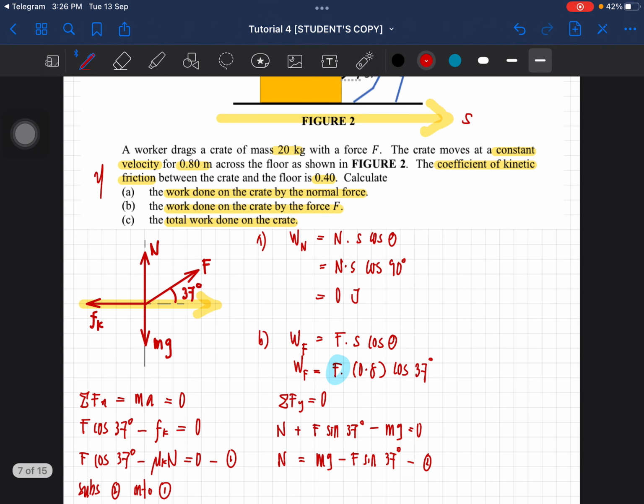Now we have to calculate the total work done on the crate. What you need to remember here is that when the object is moving at a constant velocity, there is no change in velocity.